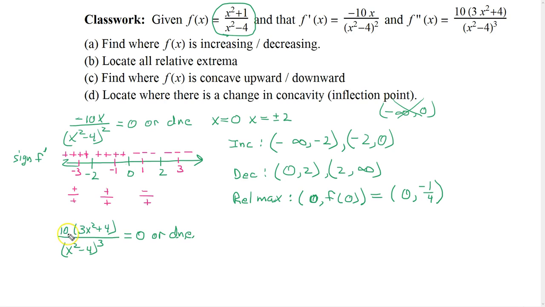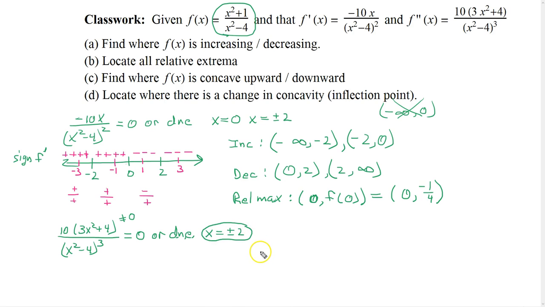Well, let's see, the numerator is never 0, because we're looking at 3x squared, which is positive, plus 4, so this is always a positive number. So it's never going to be 0. The only time it will not exist is when the denominator is 0, and that is at plus and minus 2. So plus and minus 2.